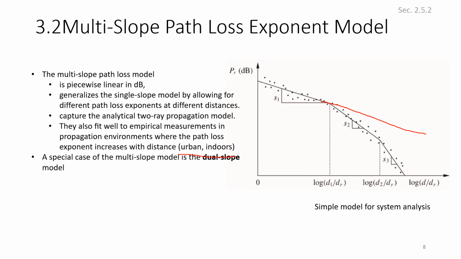Usually we have urban and rural environments, and we have indoor and outdoor. A special case, of course, is the dual slope. So dual when you have just 2, multi if we have 2 or more. That's how it looks. We have gamma 1 here, and then we have gamma 1 and gamma 2 for the case of more than one. So we have dr, the reference distance, and then we have the other point which is db. In this case we have 2 slopes.